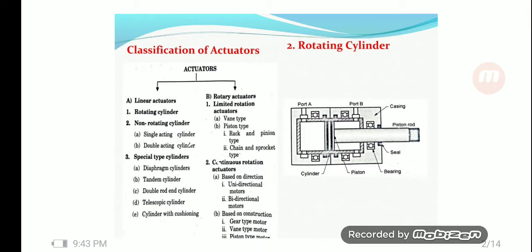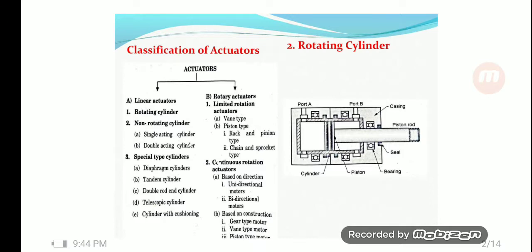Non-rotating cylinders are categorized into two subclasses: single acting cylinder and double acting cylinder. And special type cylinders are categorized into five types. First is diaphragm cylinder, second is tandem cylinder, third is double rod end cylinder, fourth is telescopic cylinder, fifth is cylinder with cushioning.